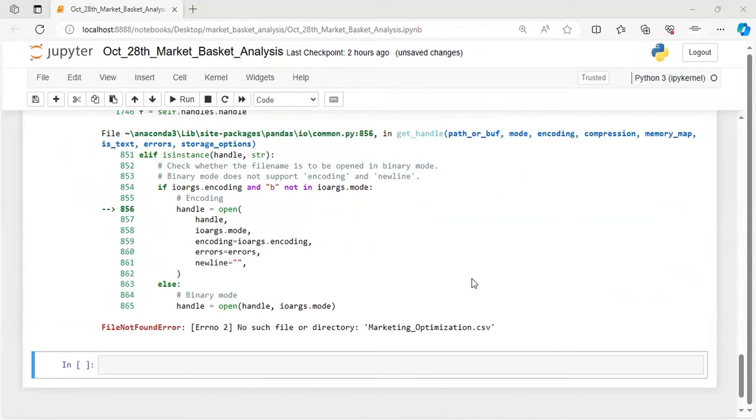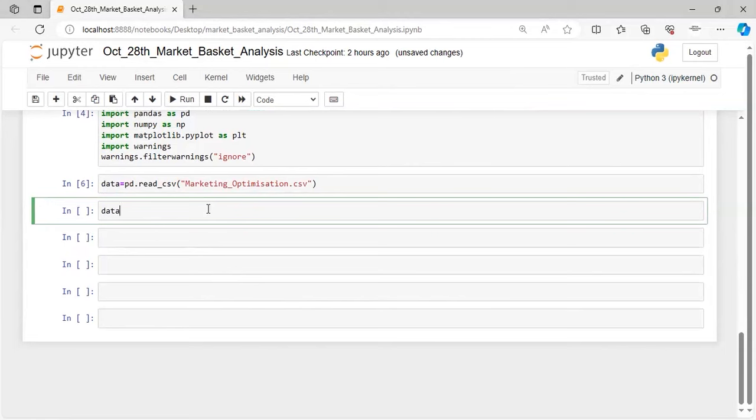We can check data.head. Basically this particular data set belongs to Italy.